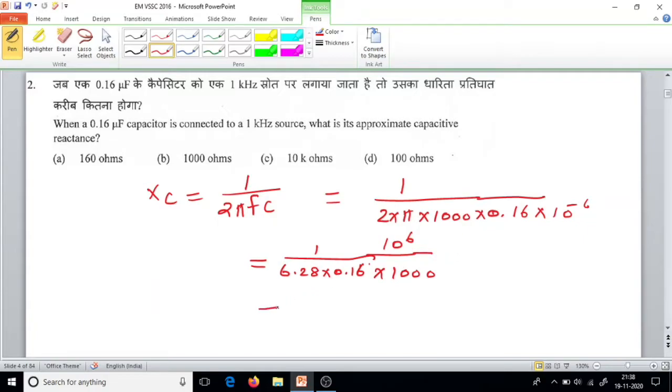So it comes to 10 to the power 6 divided by 1000. So we'll get the answer equal to 1000 ohms. 1000 ohm is the capacitive reactance of 0.16 microfarad at 1 kilohertz. Answer option B.